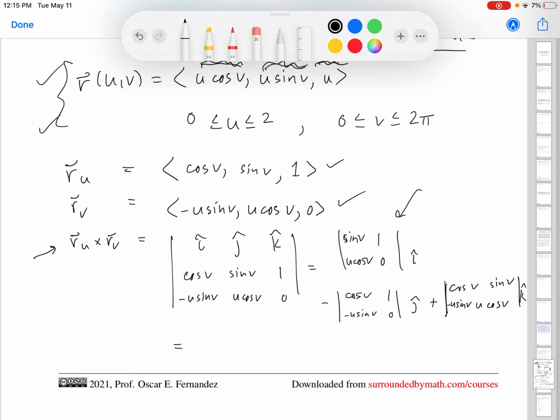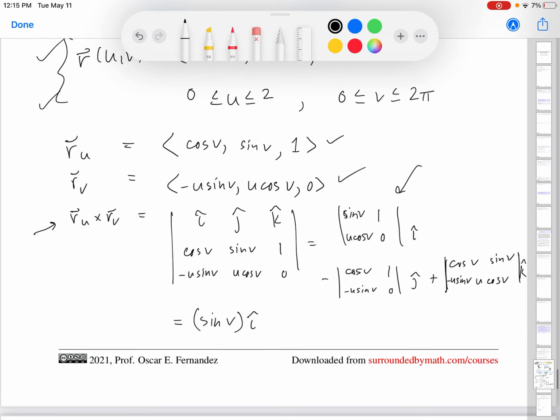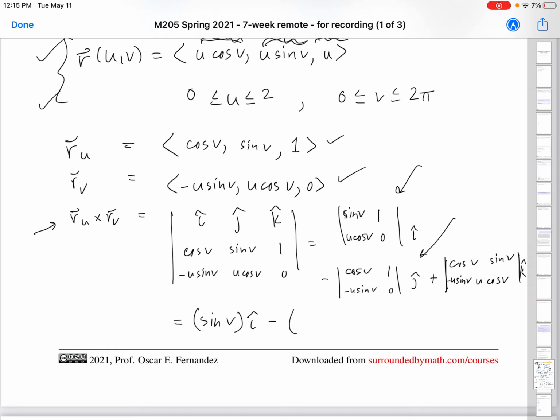Okay, so this first one just gives me sine of v times i hat. Okay, great. And let's see, what else do we have going on? So for this j hat, I get minus, this product is 0, and then minus this, which gives us u sine v, and that's j hat. And then this one over here is going to look complicated, but it'll simplify because I have cosine v times u cosine v.